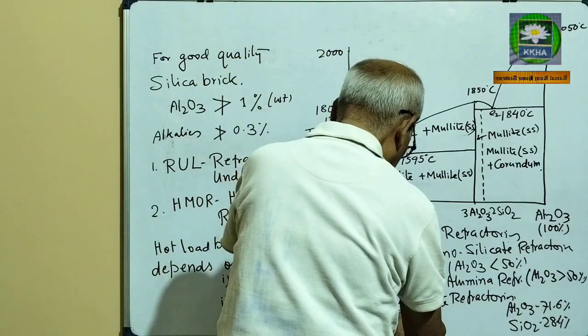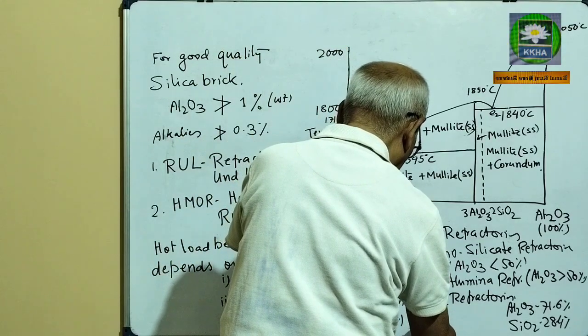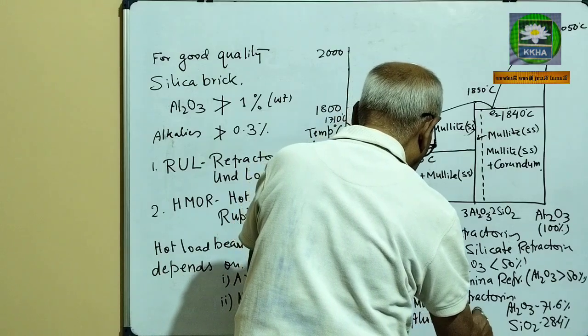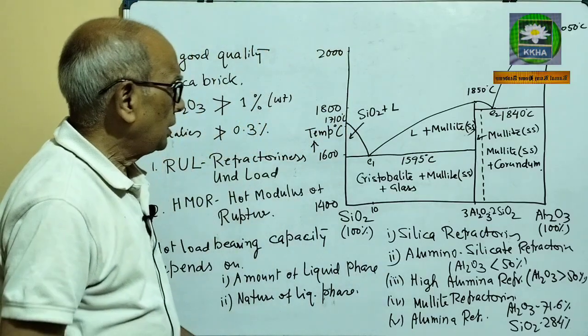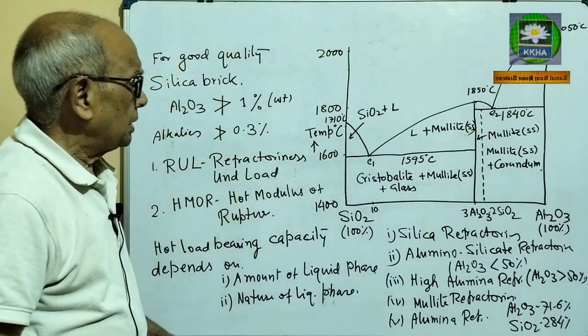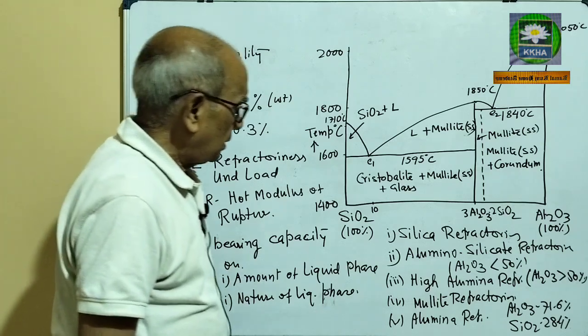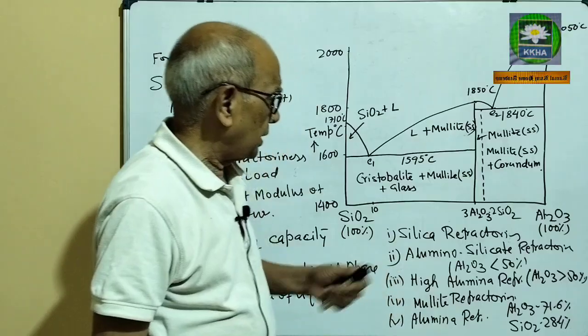And fifth is alumina refractories or corundum refractories. So, this phase diagram indicates some of the characteristics of these refractories.